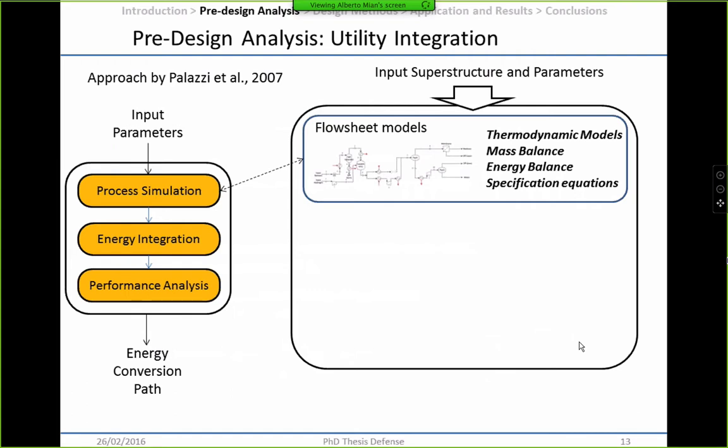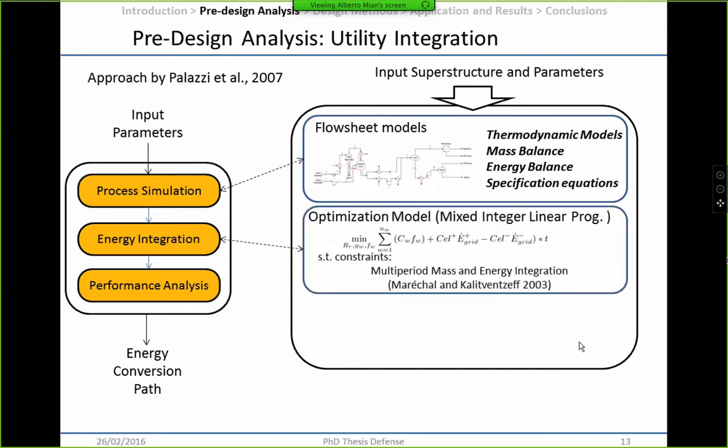After this, the energy integration is an optimization technique that will allow to optimize the energy and mass integration in order to select the utilities U that I showed before that have to be included in the solution.